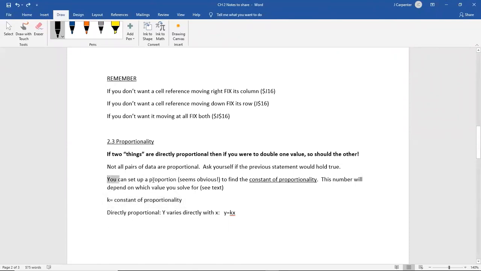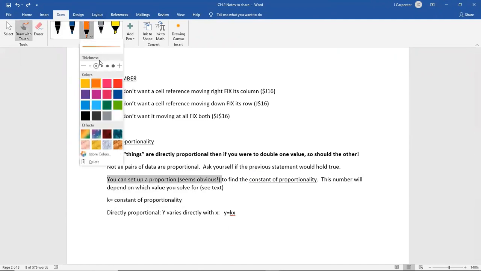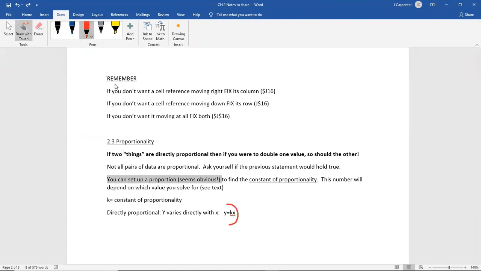So with these proportions, when two things are directly proportional, you can set up fraction equals fraction. We've discussed that in great detail. We've done numerous examples. But there is another way to set them up, and that's what we're staring at right here.